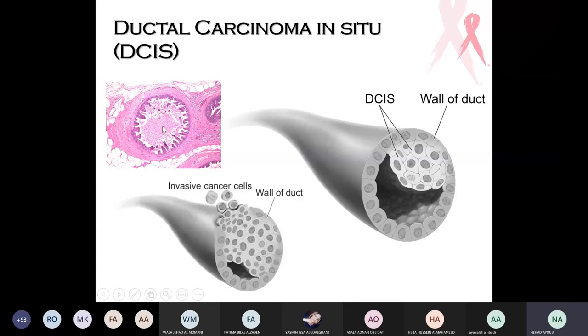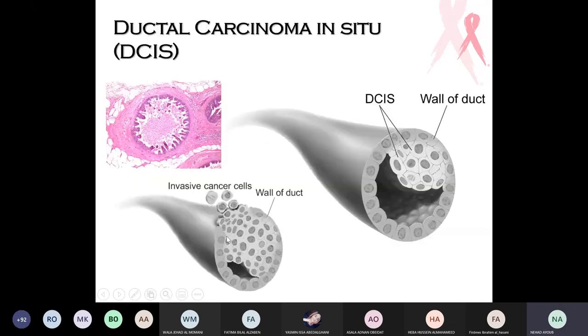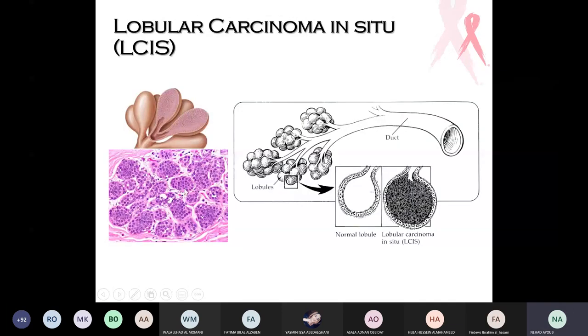فهاي بنقولها in situ. Now, if we see these abnormal cancer cells within the duct, بنقولها ductal carcinoma in situ, okay? If we see these abnormal cells within the lobules, you see this is a lobule, mammary lobules, then they are lobular carcinoma in situ, okay?